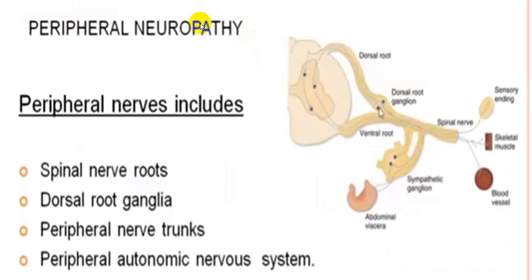So what are the different parts of a peripheral nerve?